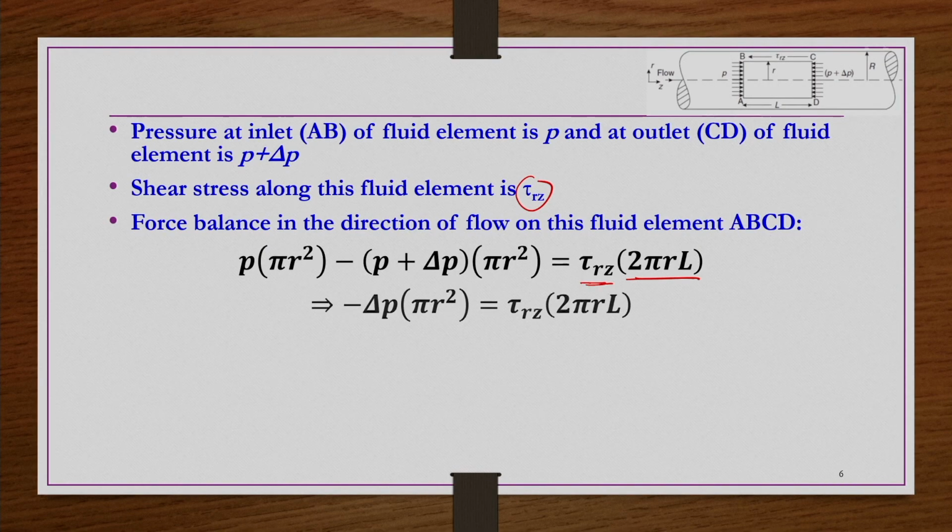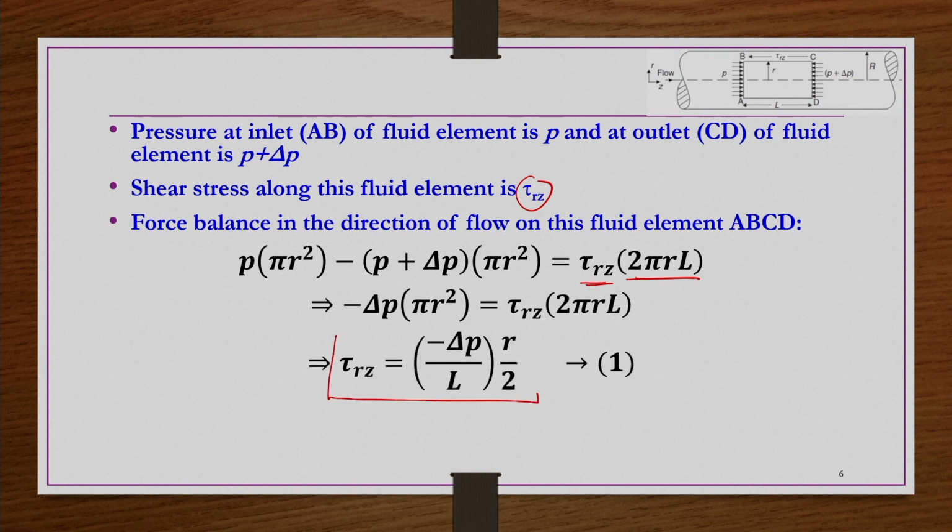Now if you do the simplification, you will get tau Rz is equal to minus delta P by L, R by 2. So, for a given case, when you are maintaining a constant pressure drop to get a certain flow rate, the shear stress is found to increase linearly with the radial position r. At the center it is 0, and as you move towards the wall the shear stress gradually increases.